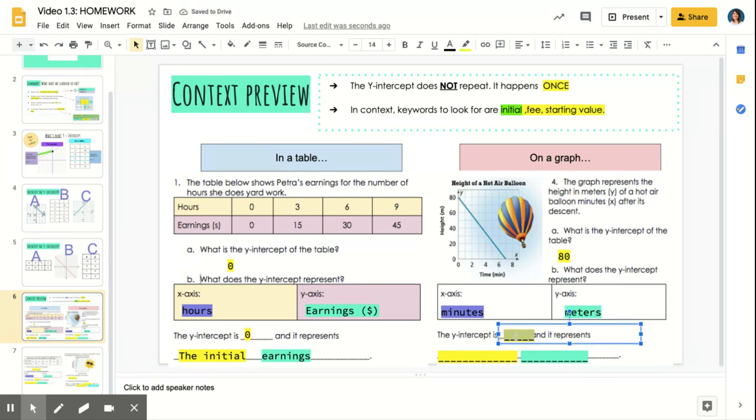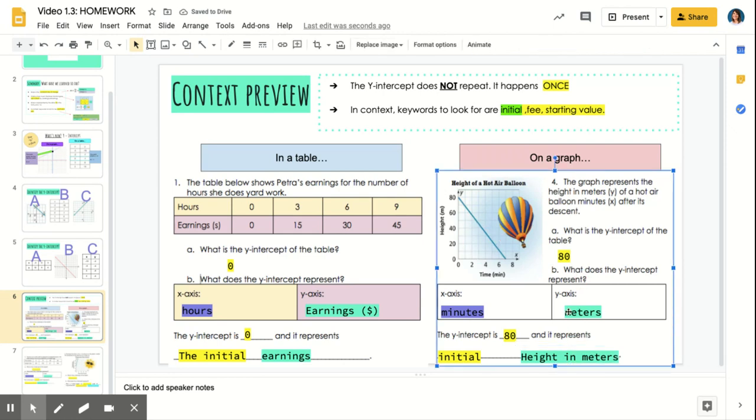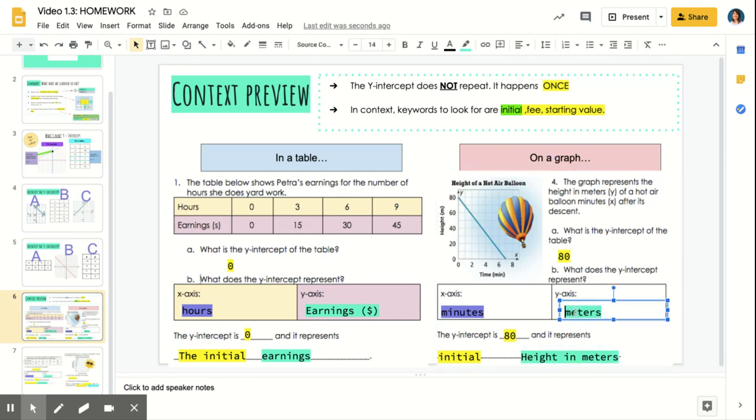So the y-intercept is 80, and it represents the initial, let's actually say height in meters. So let's put that whole thing. So we should actually write that here. My bad. Height in meters.